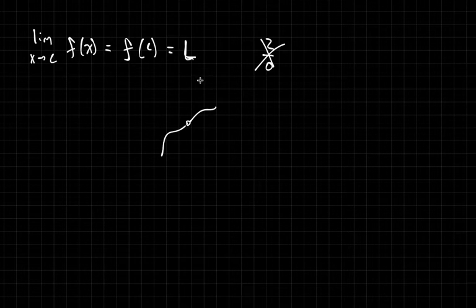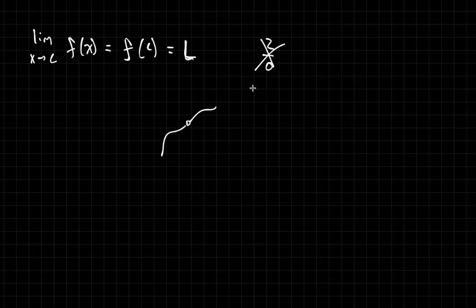So this is where we need to add a new tool to our toolbox when it comes to solving limits. Rather than direct substitution, we're going to use the idea of factoring. I'm going to use some examples to help explain why this is necessary and why direct substitution is almost always useful but not always.